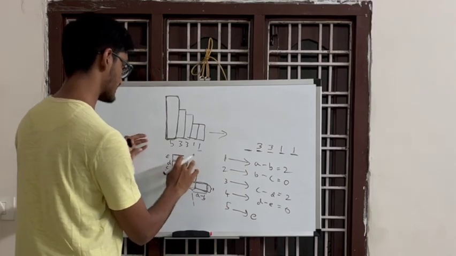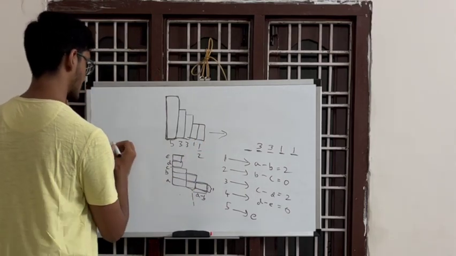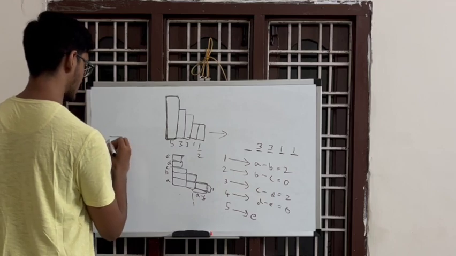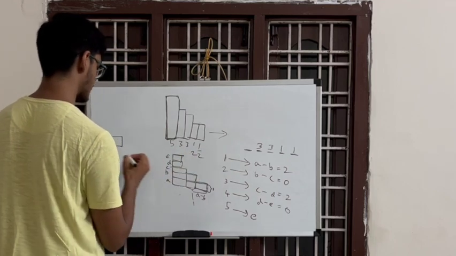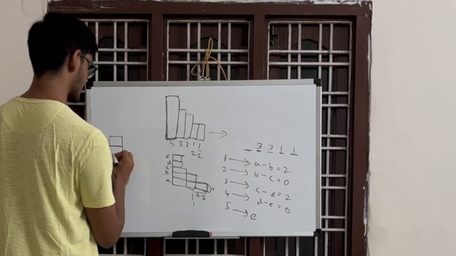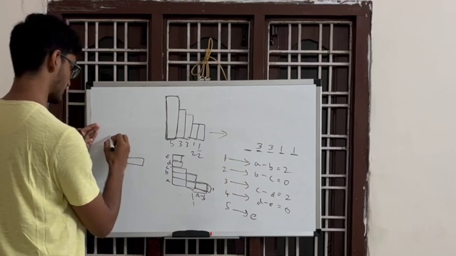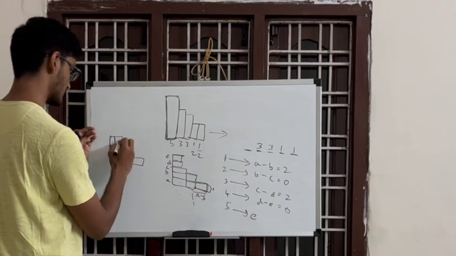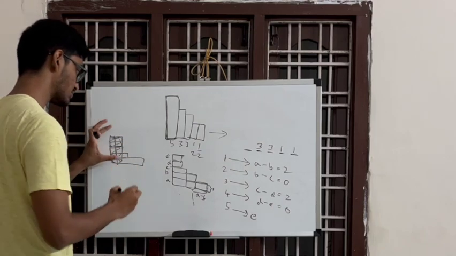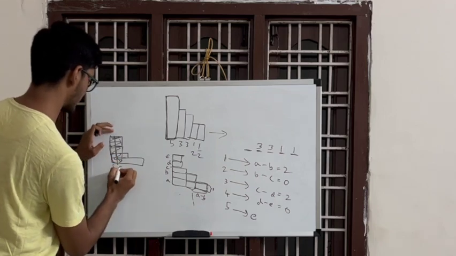Let's assume that it's 2. Then the resultant block will be of length 2, that will be 3, that will be 5. So there will be 2 blocks of length 5, which means we'll get 5 and 5.